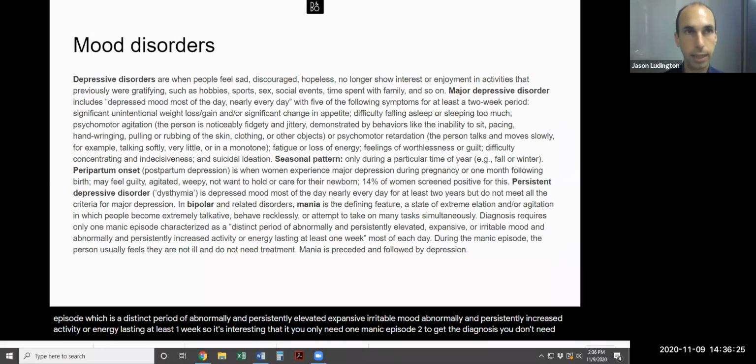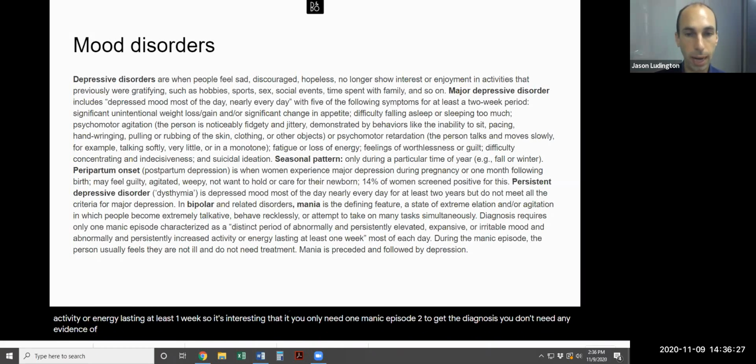You don't need any evidence of depression, and the mania spell only has to be present for 1 week, but then you have that disorder and that label for the rest of your life. But that's how it works, because maybe that's sufficient.